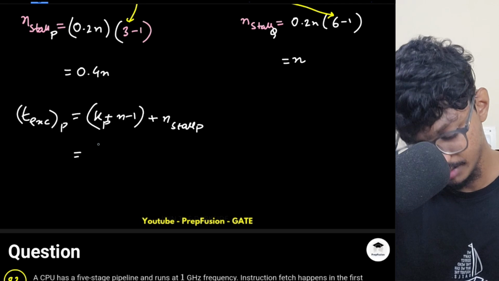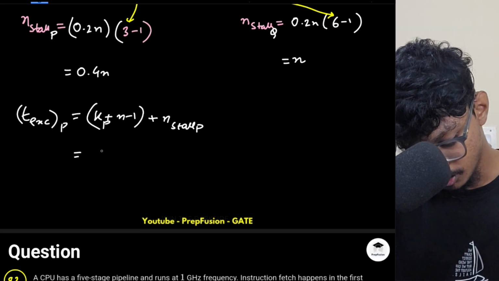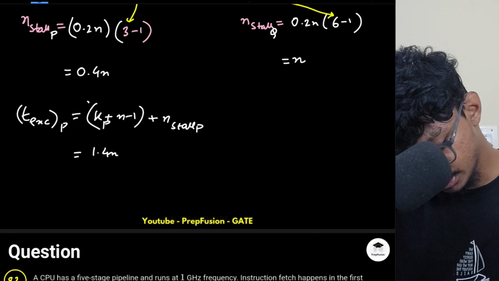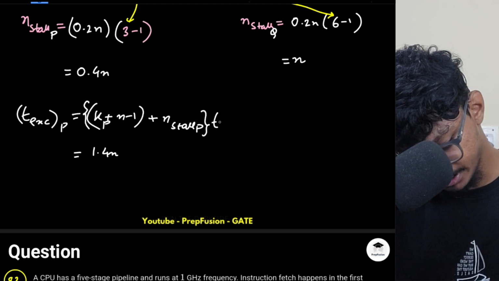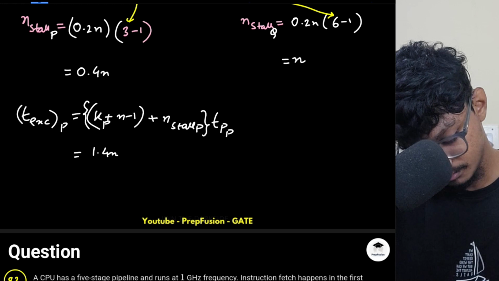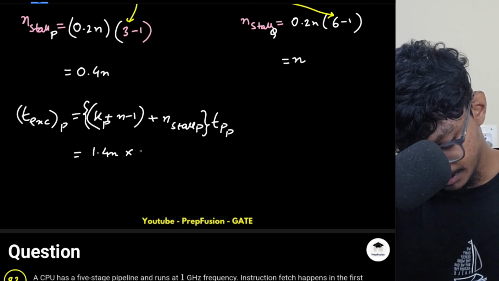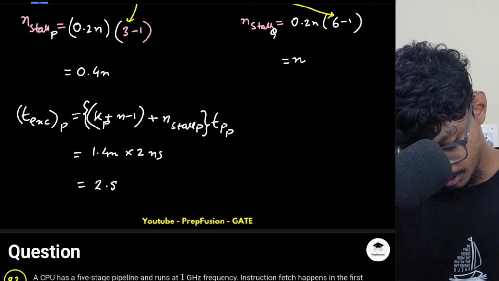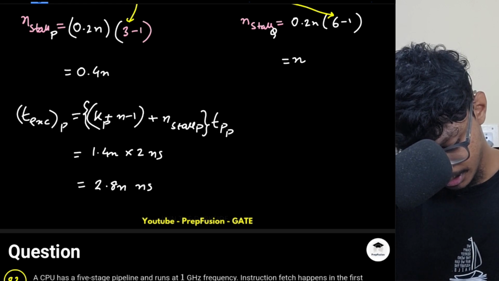My assumption is n is very large, so it will be 1.4n into, obviously you forgot the tp, you have to write the tp of p. Tp of p is 2 nanoseconds, so it will be 2.8n nanoseconds.